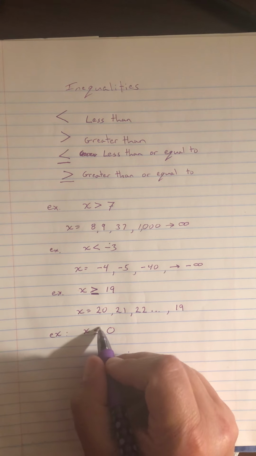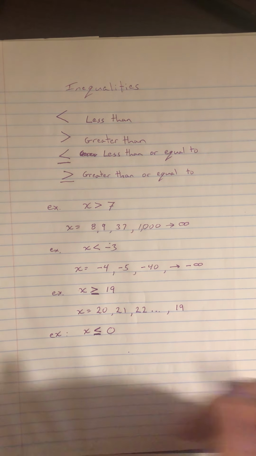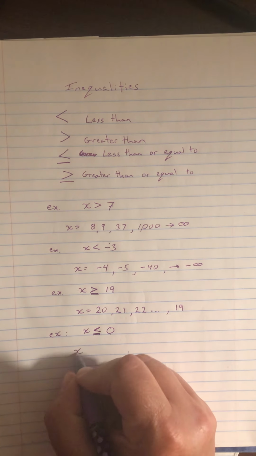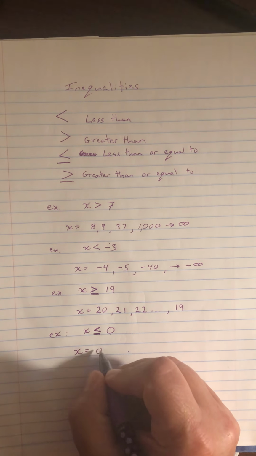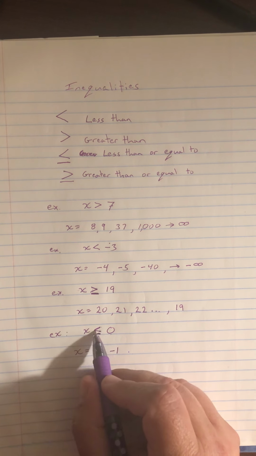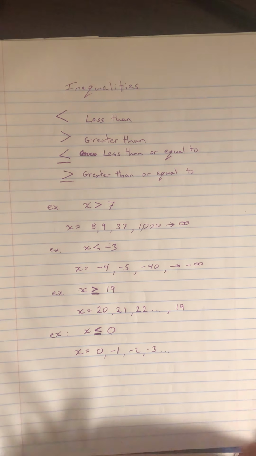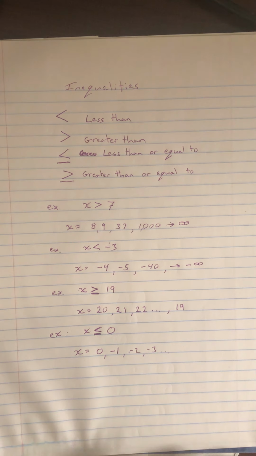Well, it's everything less than, but it also can be equal to 0. So the set that we have would include 0. It would include -1 because that's less than, and -2 and -3 and so on to -infinity.